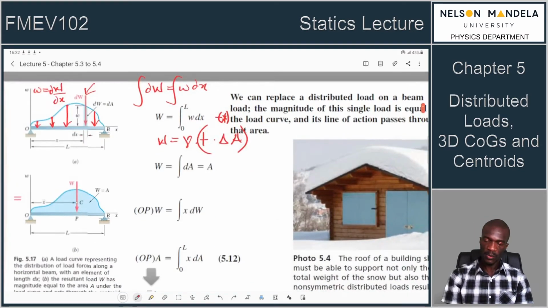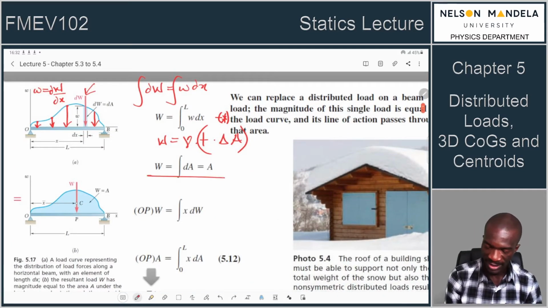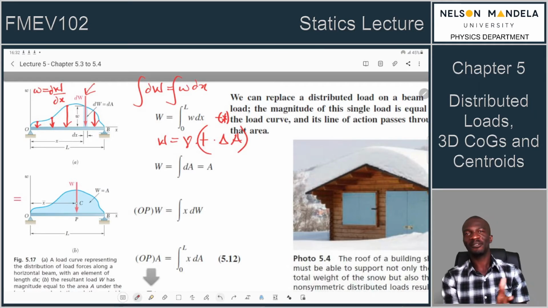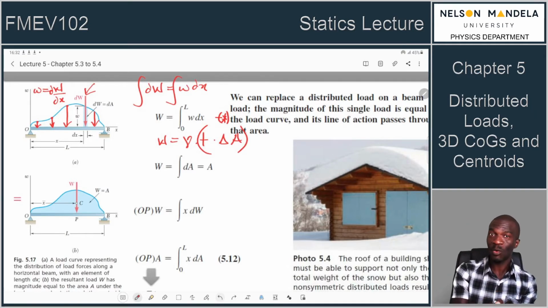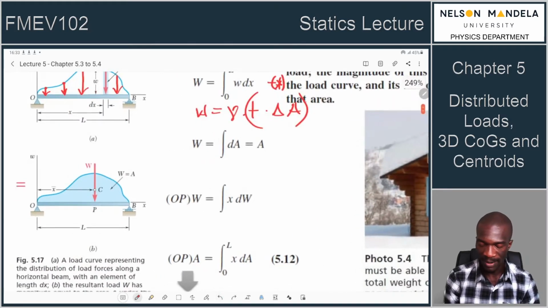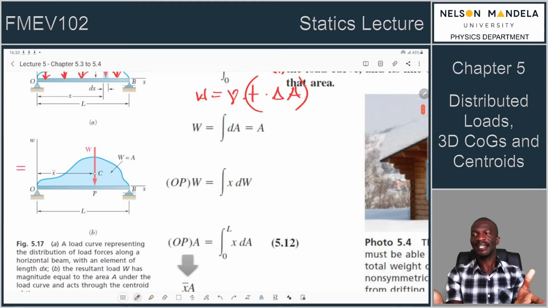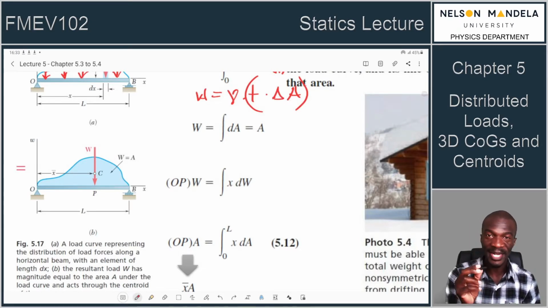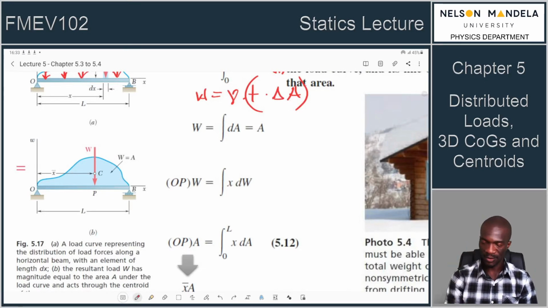Now that we have a concentrated load, it's obvious that we need to find the effective point at which it is acting, which is the centroid. We're just extending the concepts from before and applying them to a real situation where we are looking at a load on a beam.